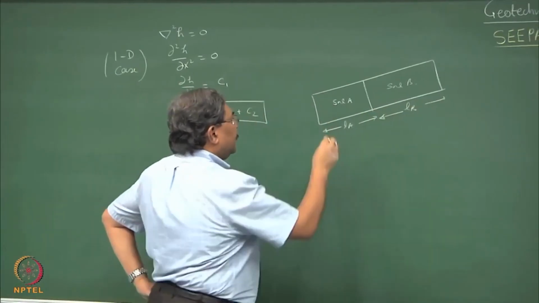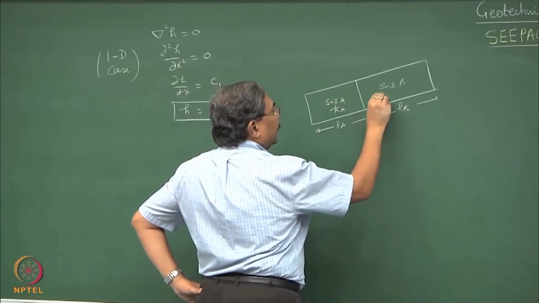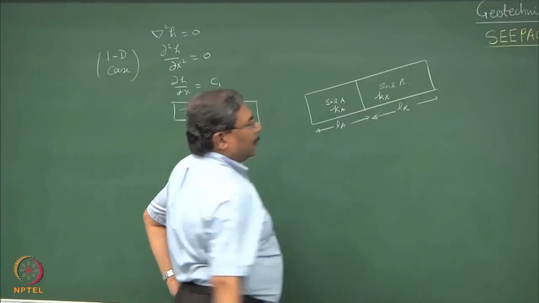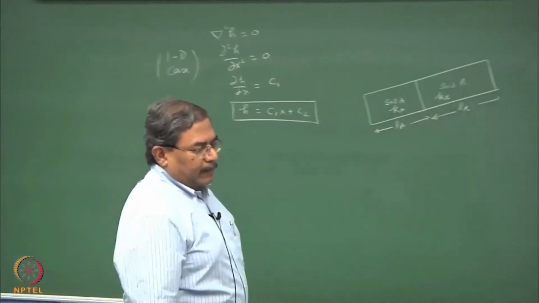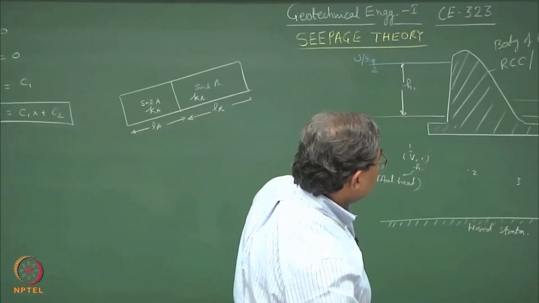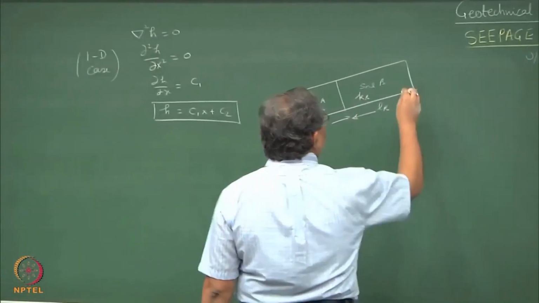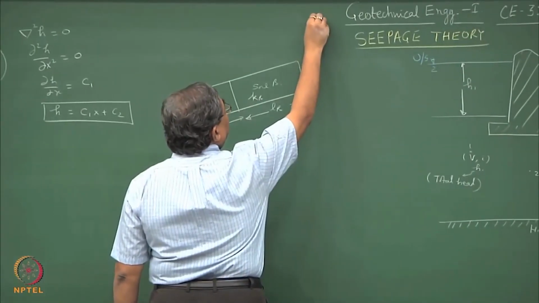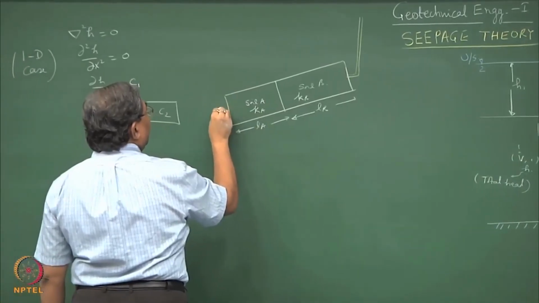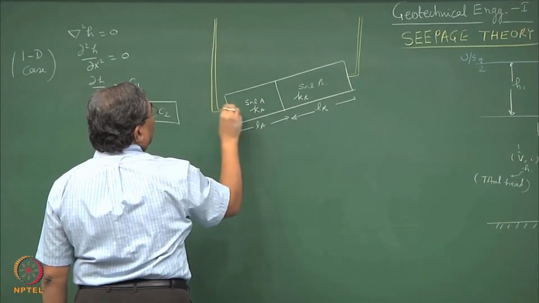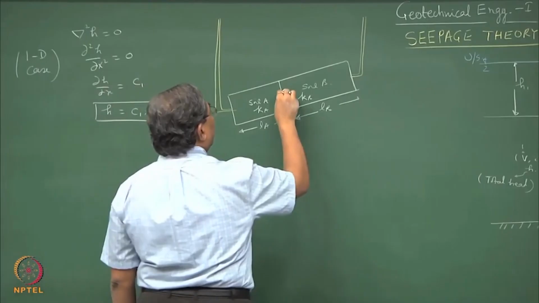I am considering Ka and Kb as their hydraulic conductivities. Now, if I connect this soil mass with, let us say, a water tub or a water bath, all right.